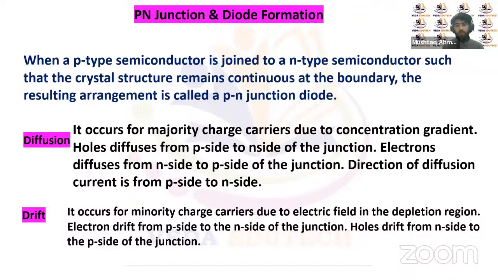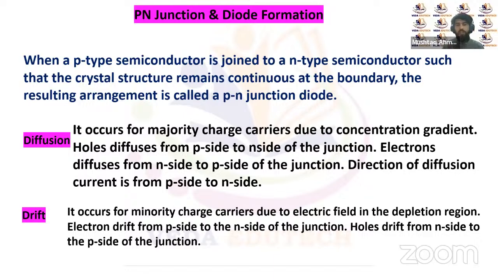So when the two semiconductors are joined to each other, there is a concentration gradient between the holes and the electrons, right? Because of that concentration gradient, there is a current which we call the diffusion current. Diffusion current occurs because of the majority carriers. For P-type, the majority carriers are holes, and for N-type, the electrons are the majority carriers.